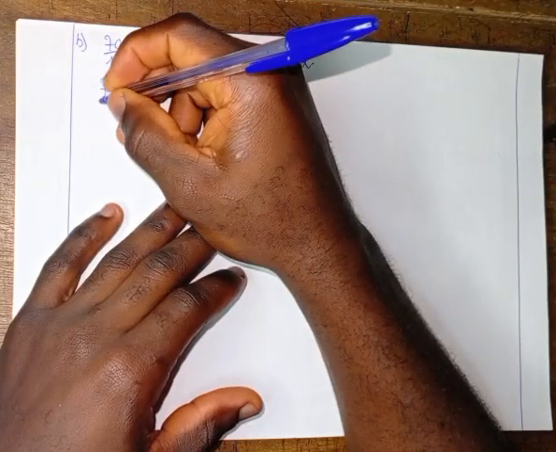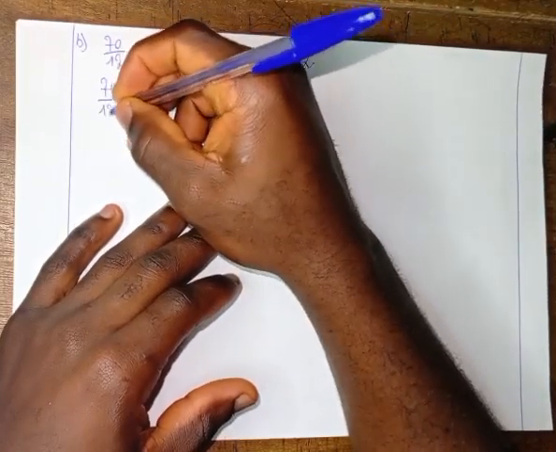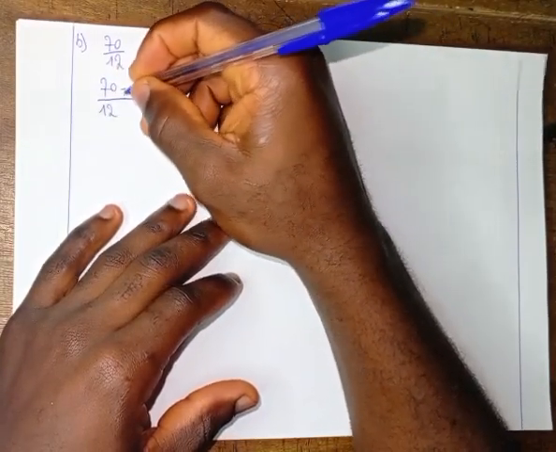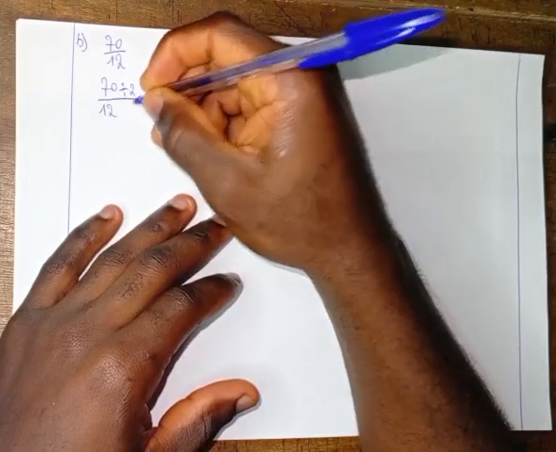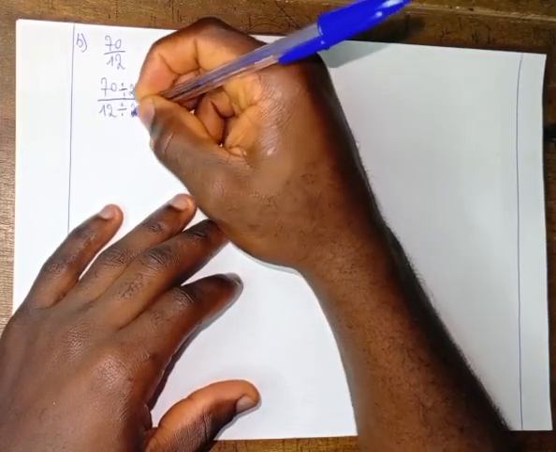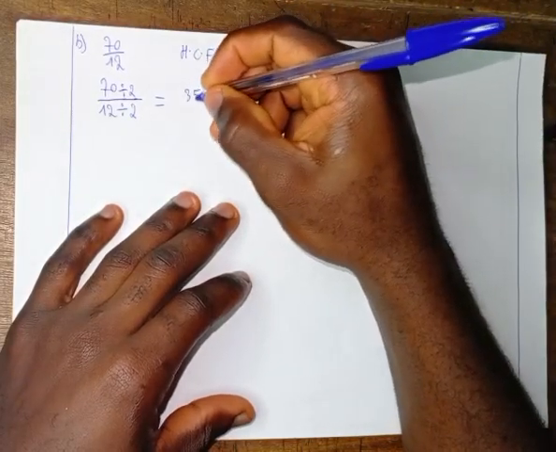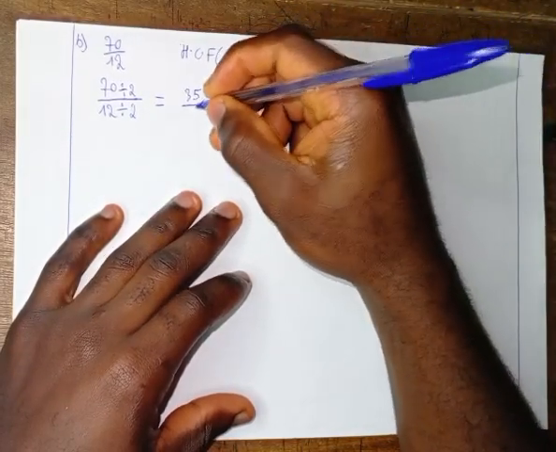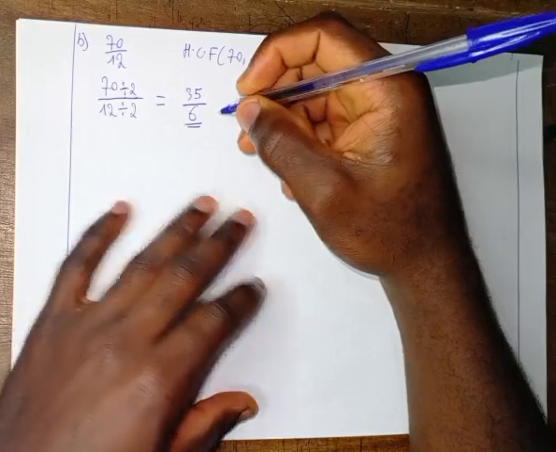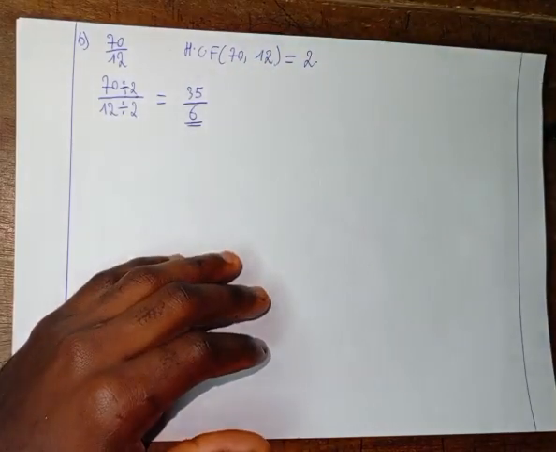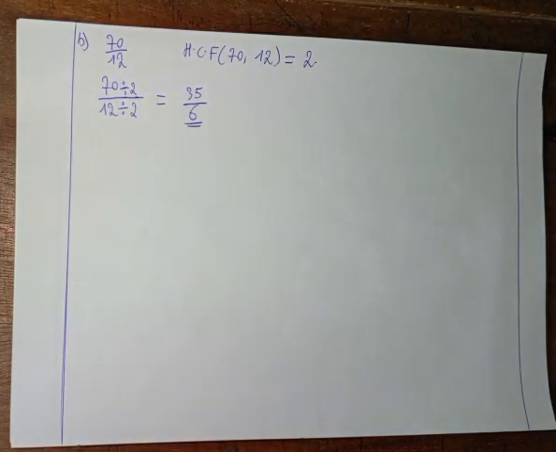We are going to divide both the numerator and the denominator by 2. 70 divided by 2 over 12 divided by 2. 70 divided by 2 gives us 35, and 12 divided by 2 gives us 6. 35 over 6 is the simplest form of the fraction 70 over 12.